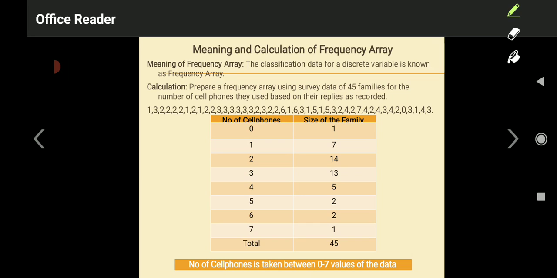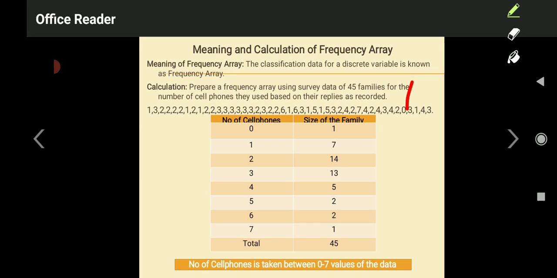Look at the data information: only one family is using zero cell phones. It means that family is not using any type of cell phone. With the help of the survey, you have understood that out of 45 families, one family is not using any kind of cell phone.